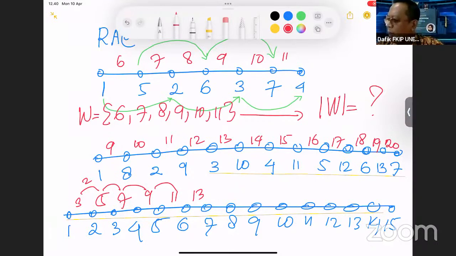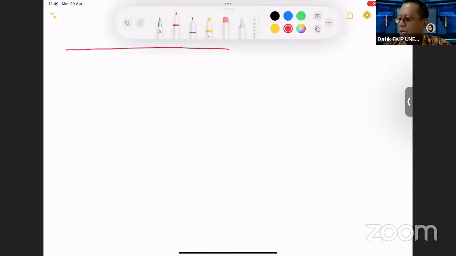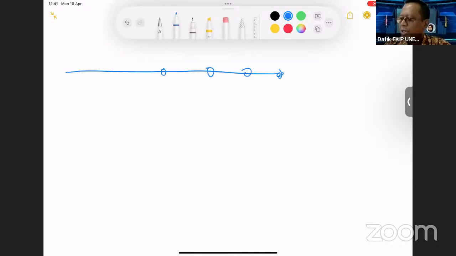Now, how to start proving logically according to the inductive or deductive concept of mathematics. Normally, when we have this graph, for example, I have 1, 2, 3, 4, 5, 6.